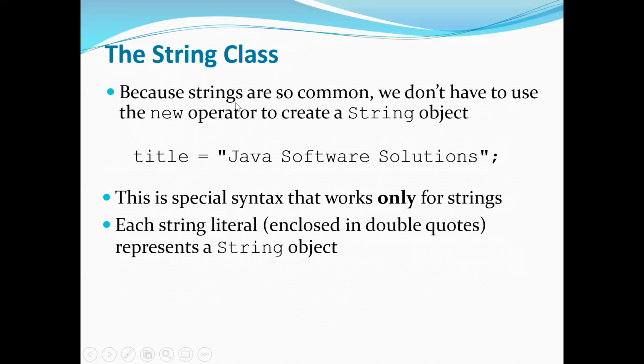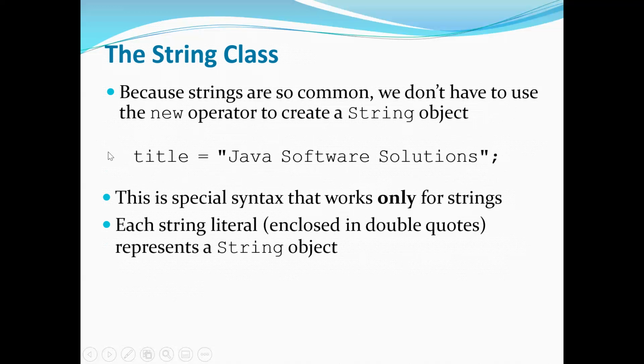Because strings are so common, we don't have to use the new operator to create them, as we saw in the earlier example. Previously we said String str = new String("Java software solution"). That's how we always create an object. But string is a special class where we don't need to use new.